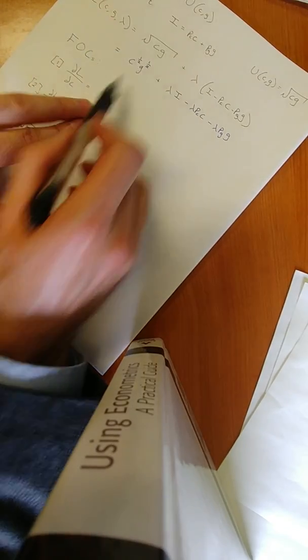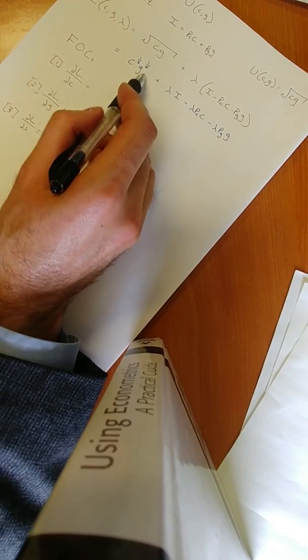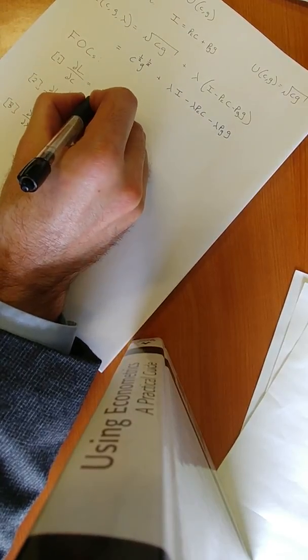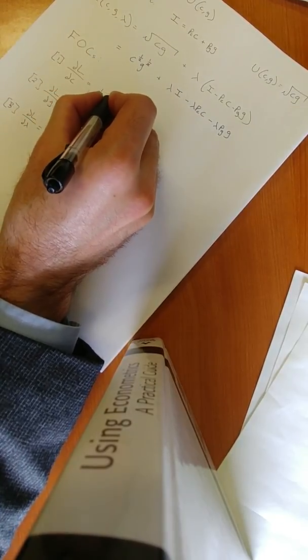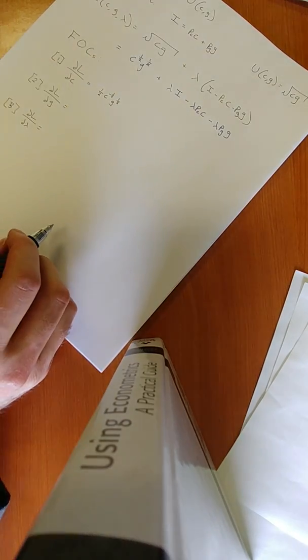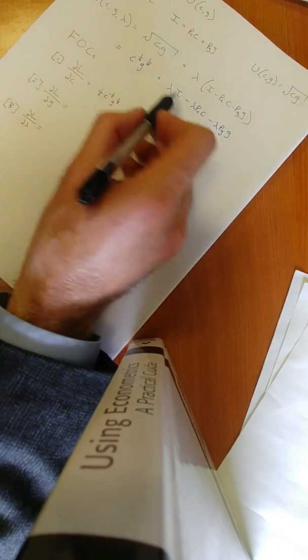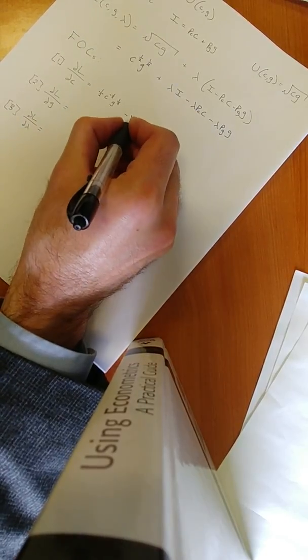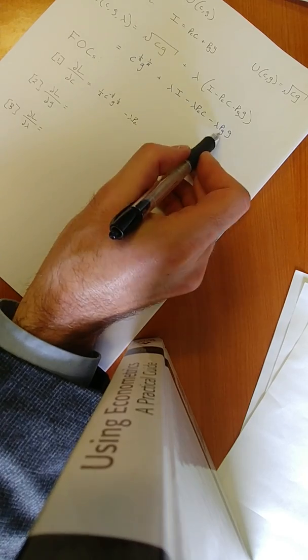Okay, so let's start here. Derivative of this term with respect to C, we'll bring that 1/2 down, C to the negative 1/2, G to the 1/2. Derivative of this term, 0. Derivative of this term, negative lambda PC. Derivative of this term, 0.